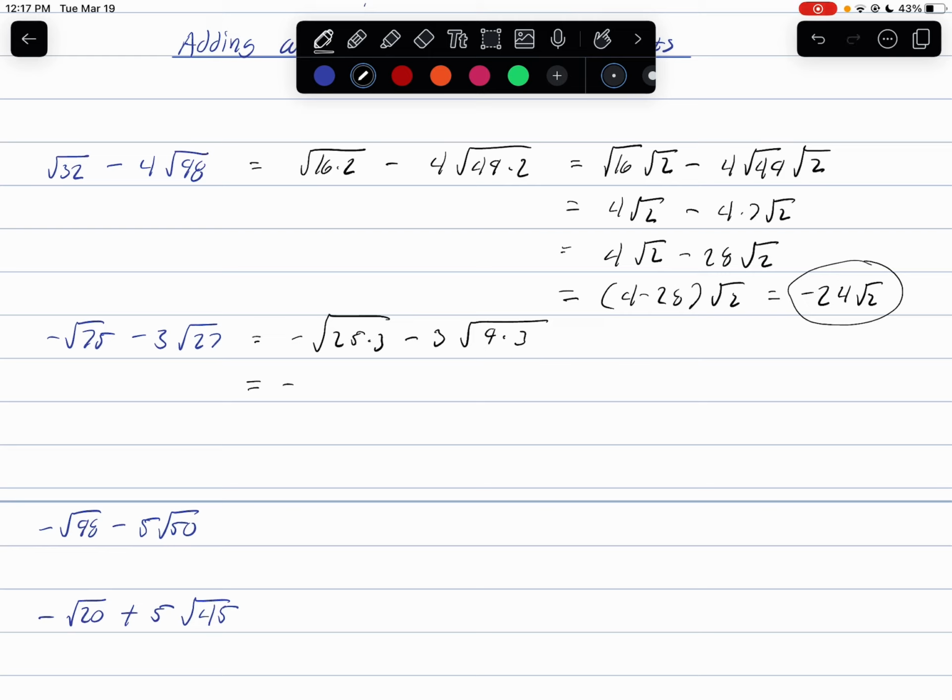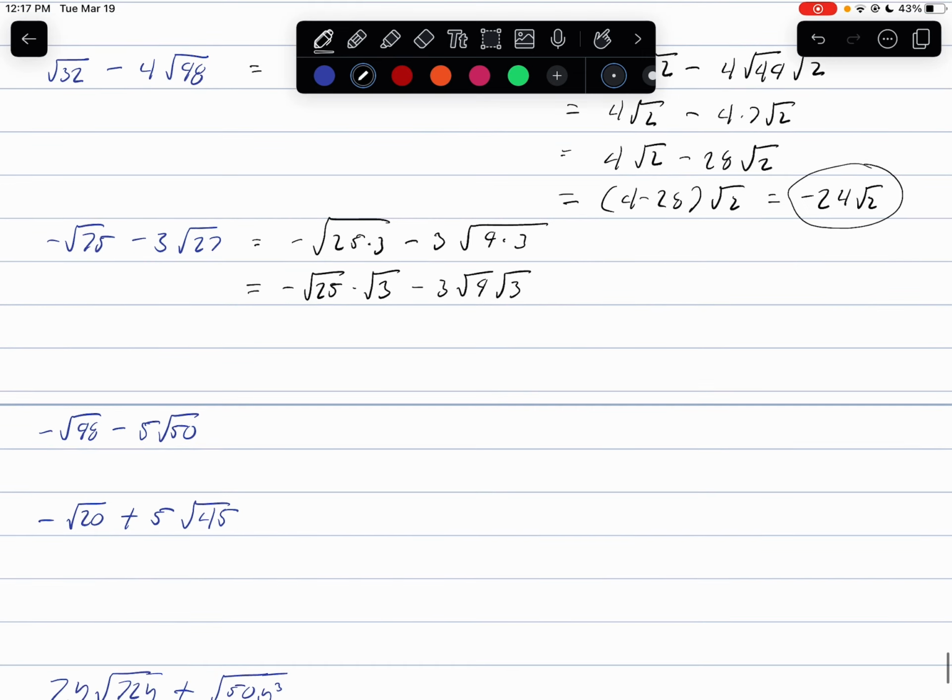Okay, so we have negative the square root of 25 times the square root of 3 minus 3 times the square root of 9 times the square root of 3, which is going to give us negative 5 times the square root of 3 minus 3 times 3 times the square root of 3, which is going to give us negative 5 times the square root of 3 minus 9 times the square root of 3.